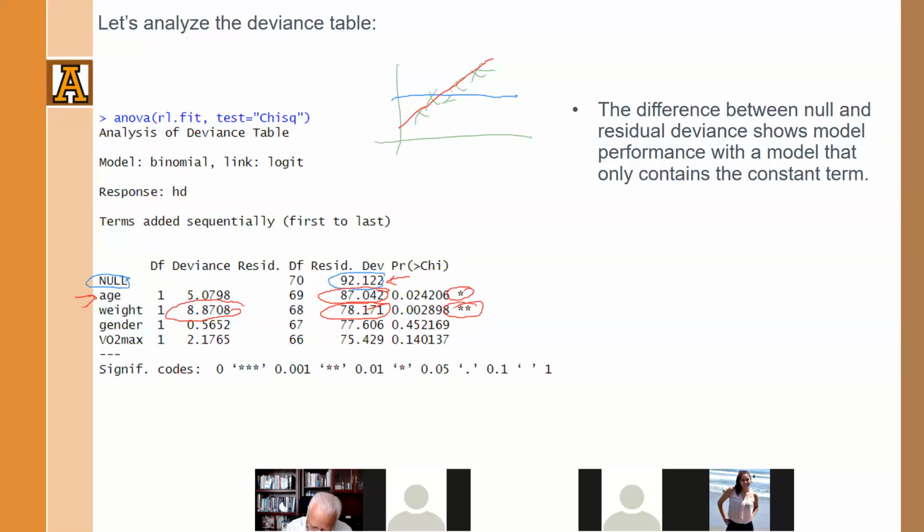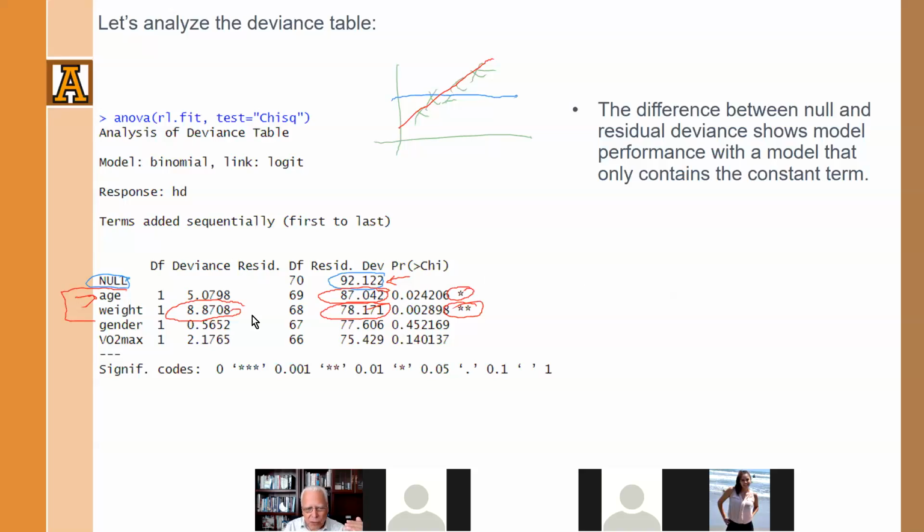So the ANOVA, the analysis of variance table, tells me that I should consider these two variables. The other variables, when I add them to the model, are not helping me reduce the deviance any further. And this is the p-value for using this chi-square test to see if the deviance reduction is statistically significant.